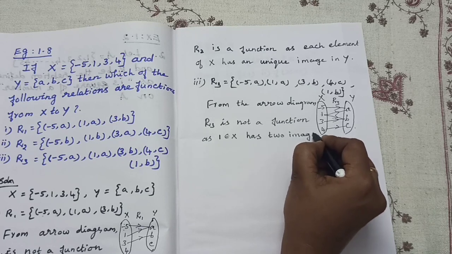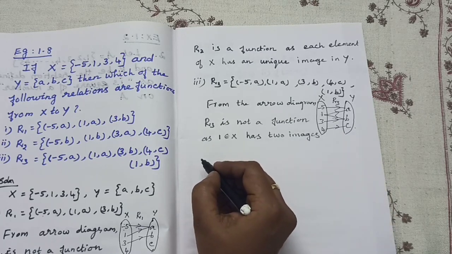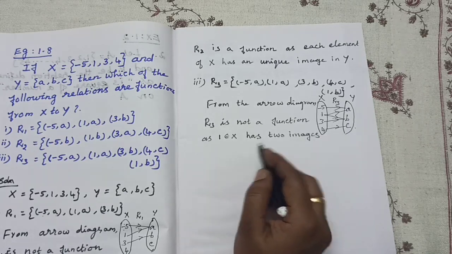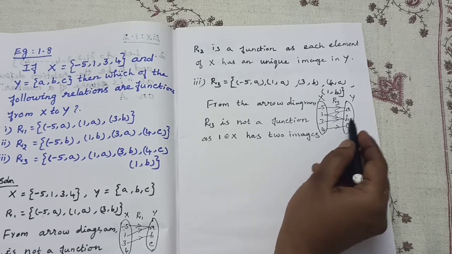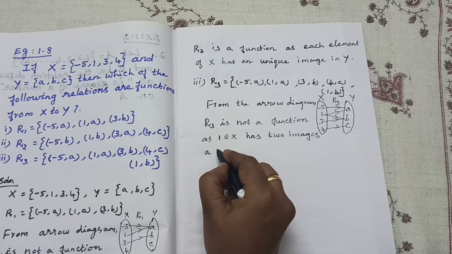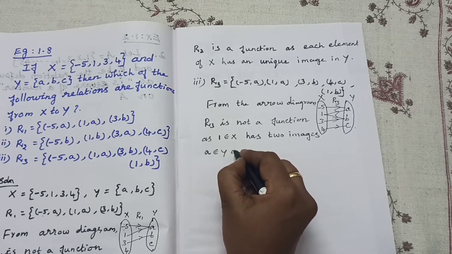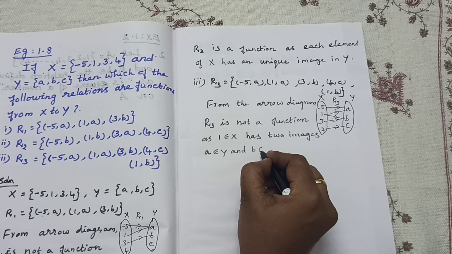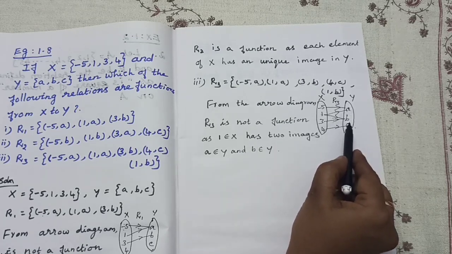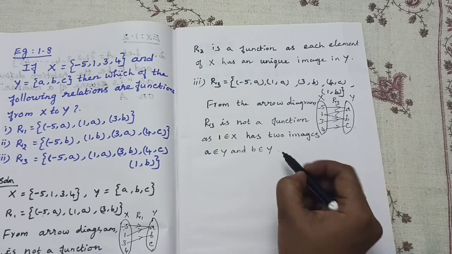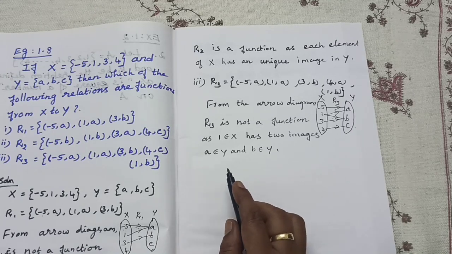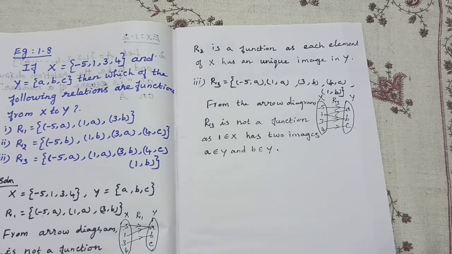What are the images? A belongs to Y and B belongs to Y, isn't it? 2 images, A and B, belong to Y. So the relation R3 is not a function.